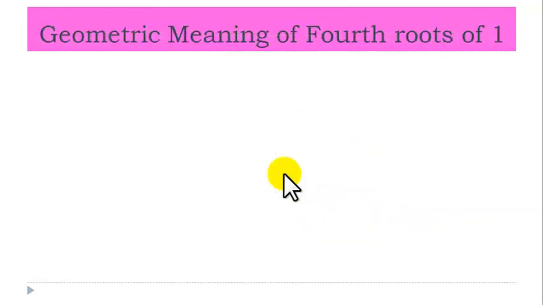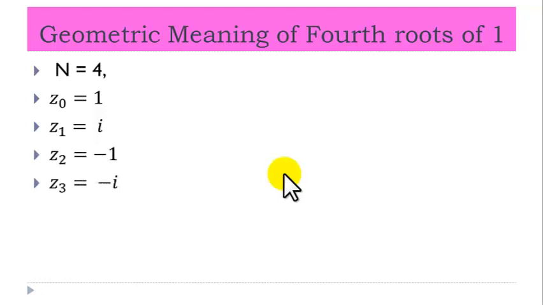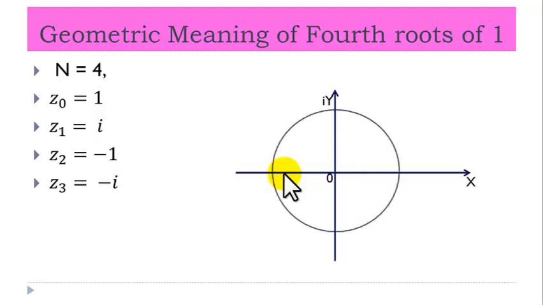Now, geometric meaning of the fourth root of unity. Here n is equal to 4, z0 is equal to 1, z1 equals to i, z2 is minus 1, and z3 is minus i. Geometrically, we can display this as follows. This is the real and the imaginary axis with a unit circle center at the origin.